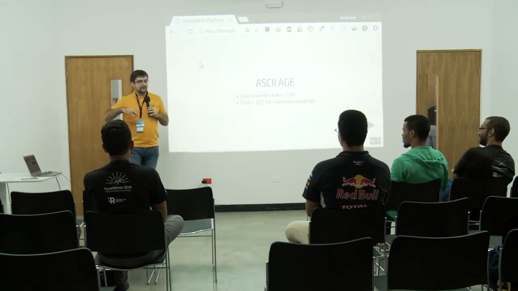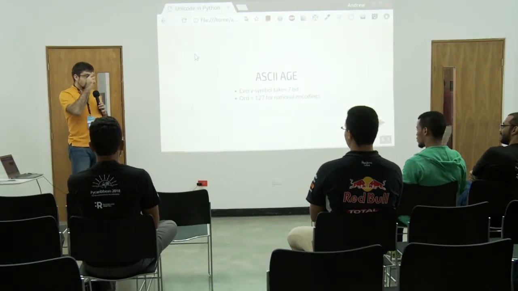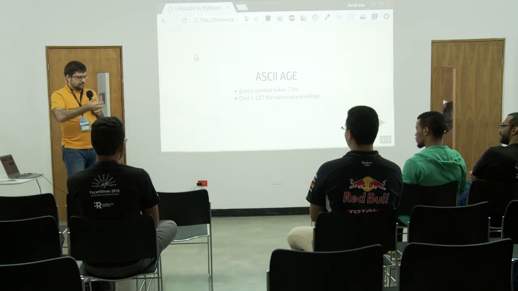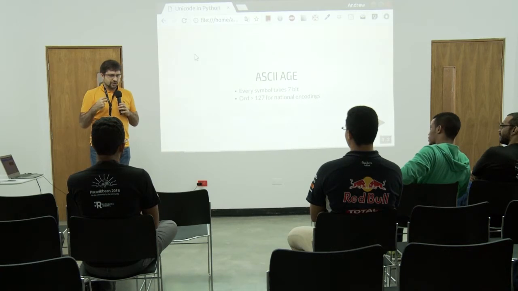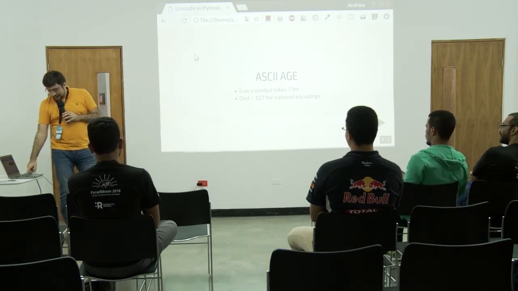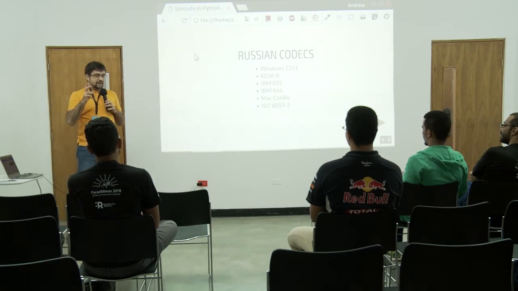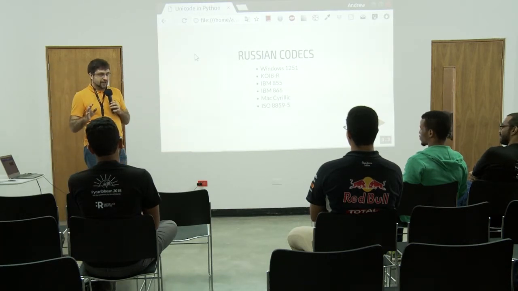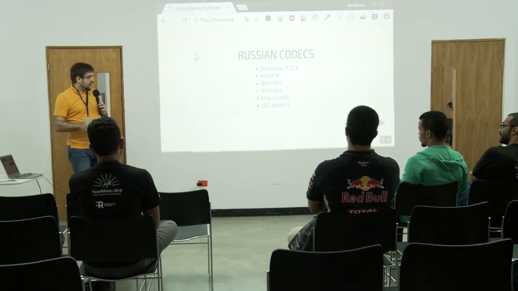We use Russian texts. And ASCII could be extended to utilize the high bit and get 128 characters for Russian letters. But the problem is there are at least six different encodings for Russian. And these encodings are not compatible with each other.